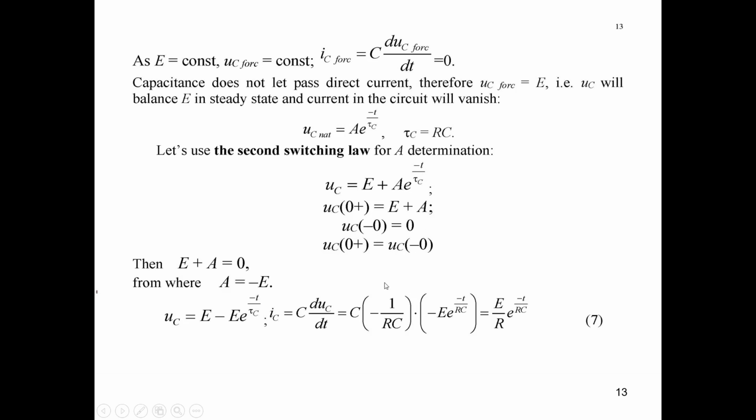So from here we can write down that A equals minus E, because E plus A equals 0, since uC from plus 0 equals uC from minus 0. From here A equals minus E, and we can write down that uC equals this EMF minus E multiplied by the exponential function of minus t over tau C.